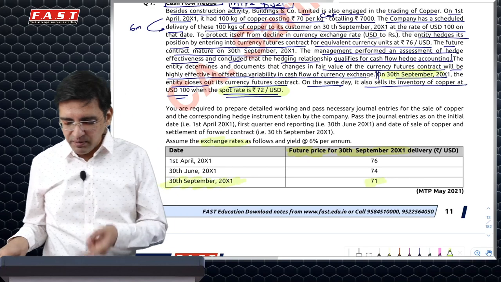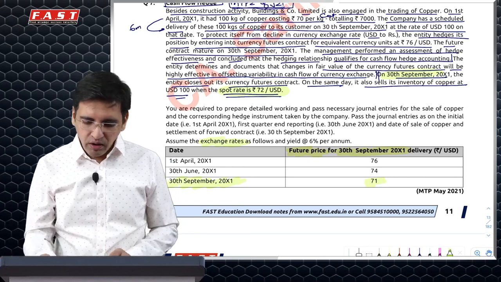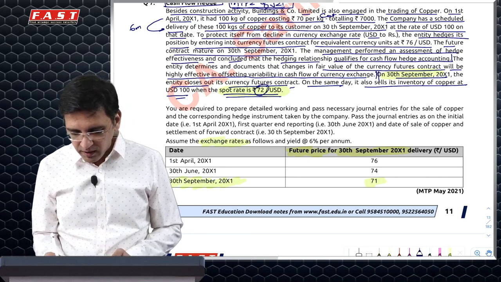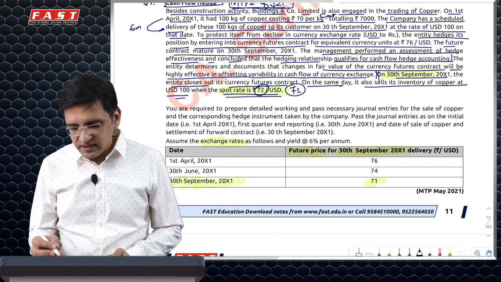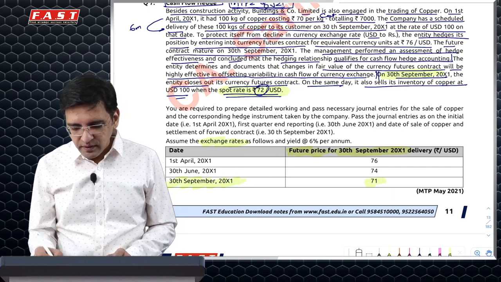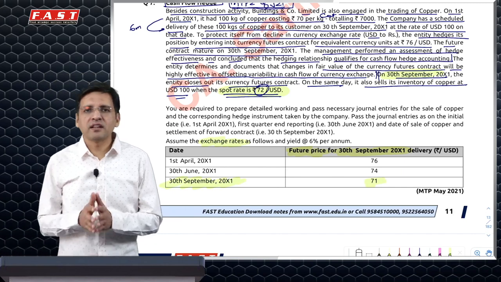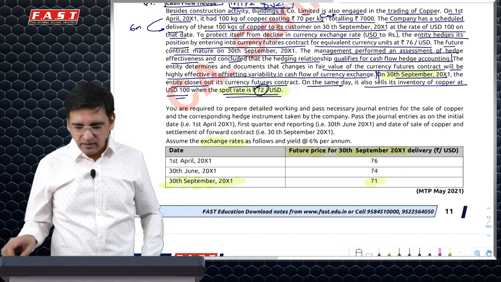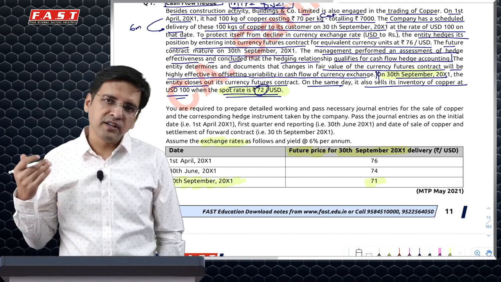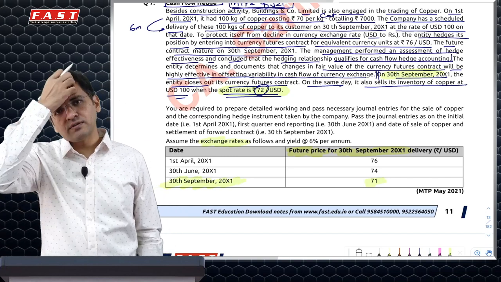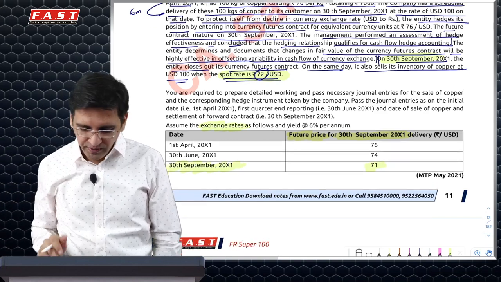So ideally this should have been 72 or this should have been 71. Now, they have not solved the question through 72 or 71. They have done something which is very strange. We'll come to that. In the exam, if this question comes in, you'll do the same strange answer which the institute has given, with possibly a note. What is to be added, I'll tell you.